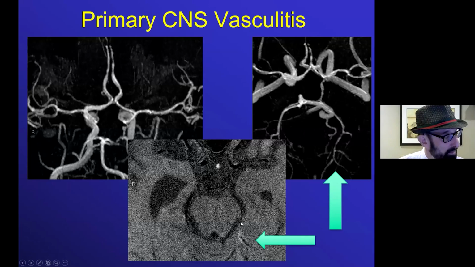When we look at our post-gadolinium enhanced MRA, we see enhancement on both sides of the posterior cerebral artery, which corresponds to this perimesencephalic portion of the blood vessel and its more distal portion over here.